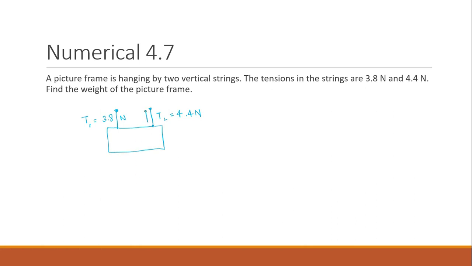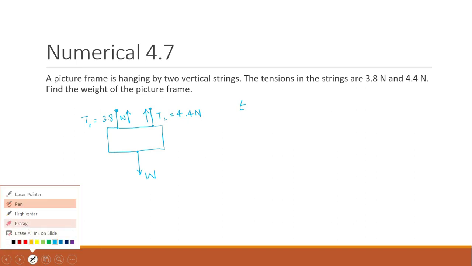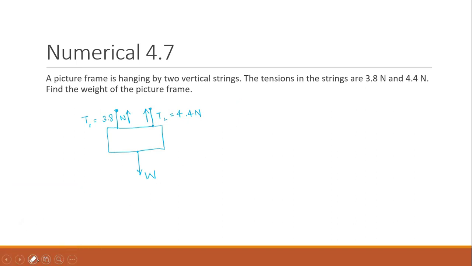As the tension forces are in the upward direction and the weight of the frame is acting in the downward direction. Because the frame is hanging, it is in equilibrium and fulfilling the first condition of equilibrium, that the sum of forces should be equal to 0.